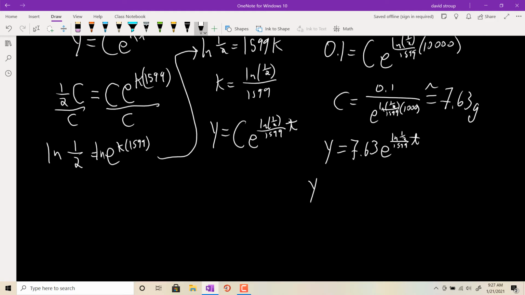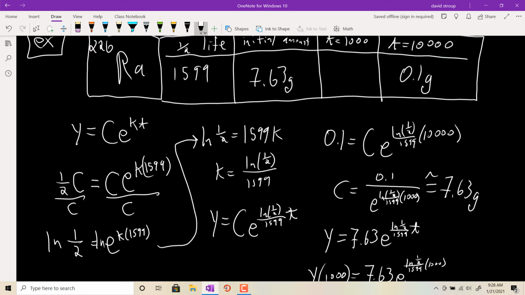So you just plug in 1,000. Okay, and I got approximately, what did I get? 4.95 grams. Okay, so it's really just a pre-calc problem.